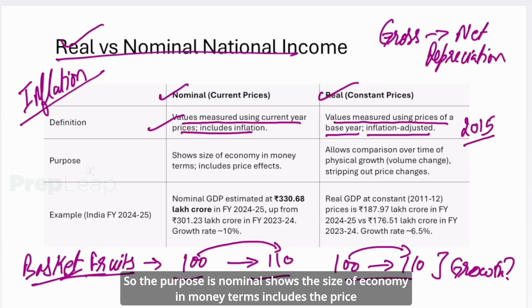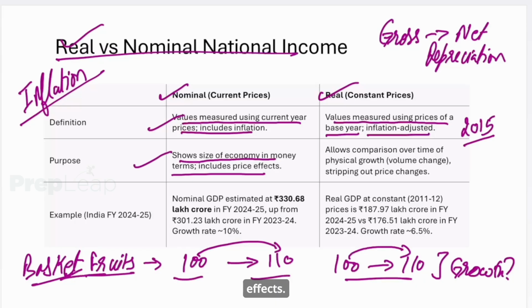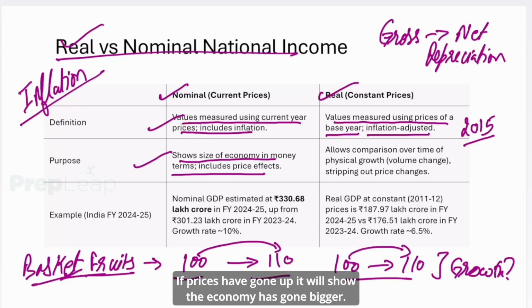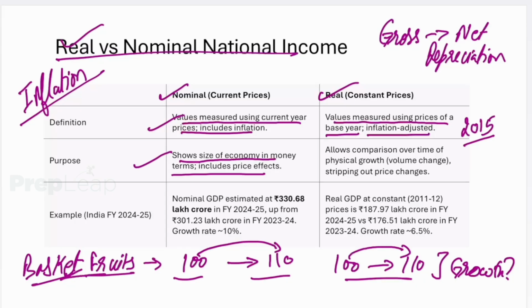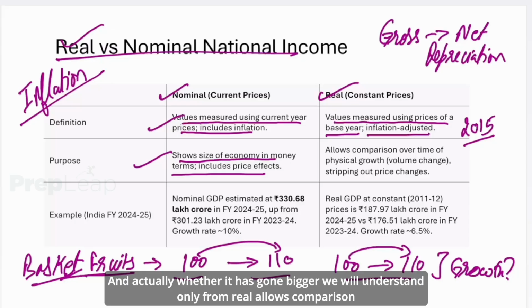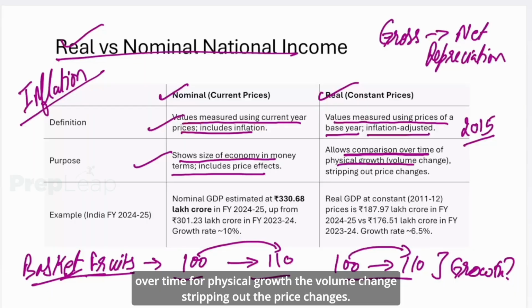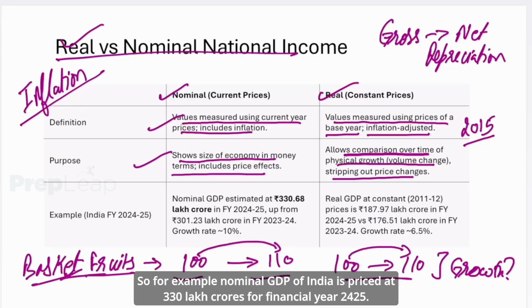So the purpose: nominal shows the size of the economy in money terms and includes the price effects. If prices have gone up, it will show the economy has gone bigger. But whether it has actually gone bigger, we will understand only from real. Real allows comparison over time with physical growth, the volume change, stripping out the price changes. So for example, nominal GDP of India is 330 lakh crores for financial year 24-25.